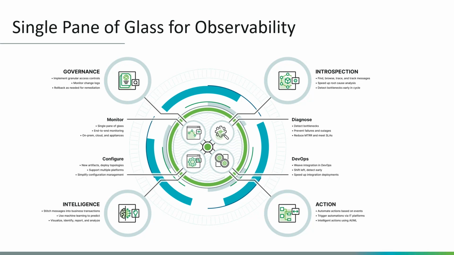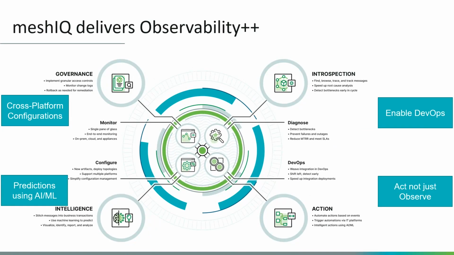So you want that single pane for observability, handling these key areas of management. Depending on your role, you may have a governance requirement. You may need the ability to get in, diagnose problems, and see what's going on. You may want to use machine learning to get intelligence about what's happening in the environment and understand what's going on under the covers. And of course, you want to be able to take action and resolve issues, either automatically or quickly when they occur.